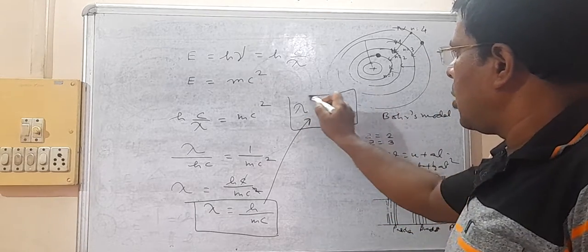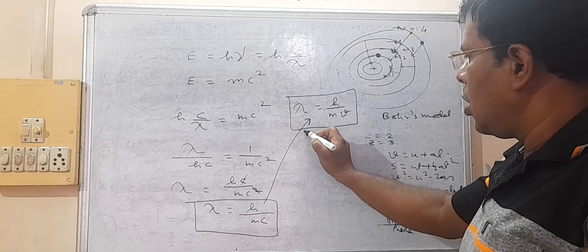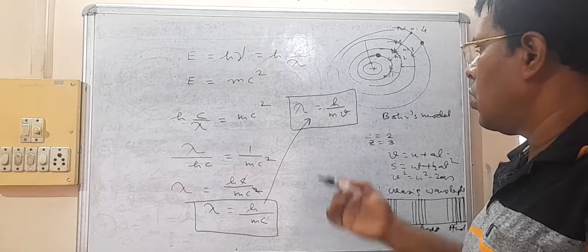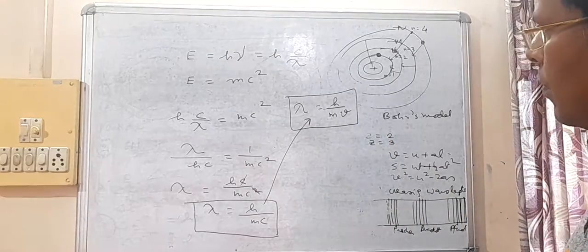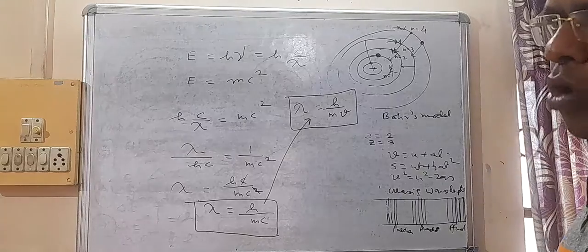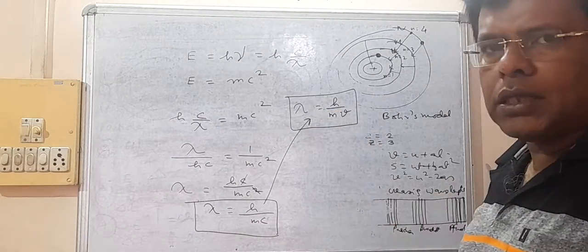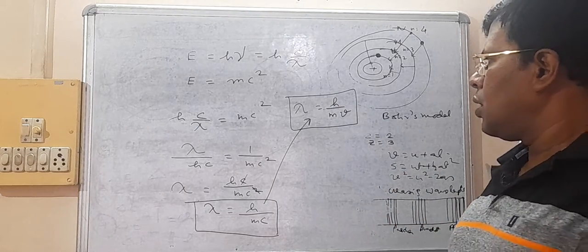And for material particles, this equation is called de Broglie's relation. This is called de Broglie's wavelength. And what is the significance of this relation?